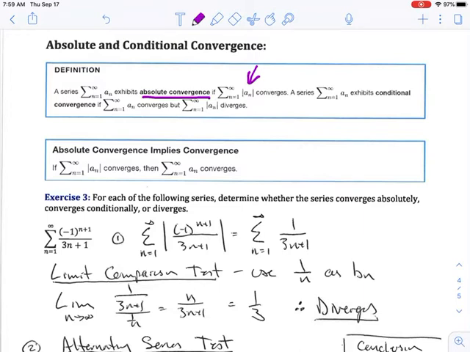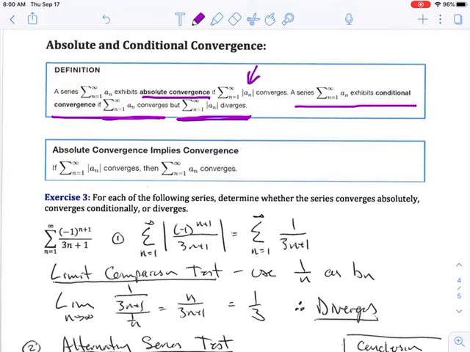However, a series A sub n exhibits conditional convergence if the alternating series A sub n converges, but the absolute value diverges. So if the absolute value of A sub n diverges, that means when all the terms are positive, it's diverging.